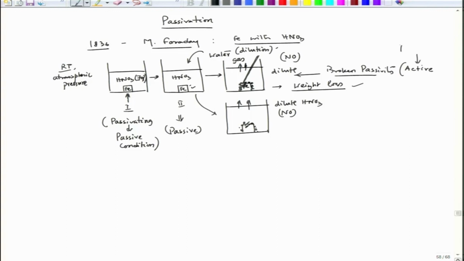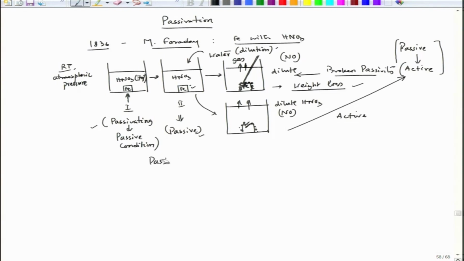This is the phenomenon we will observe. So, that means passivating, still passive, and here also the same situation is taking place. So, this is active.